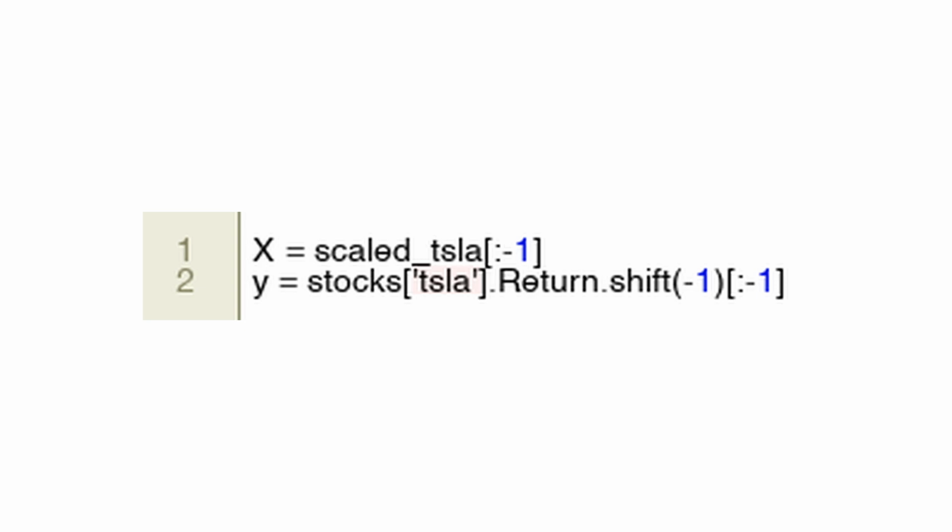The purpose of this code is to create two aligned datasets: x, which could be the features or independent variables without the last data point, and y, which is the target or dependent variable, the next day's stock return, without the last value because there is no next return for the final entry in the original dataset. These prepared datasets are typically used to train a model to predict future returns based on the given features.